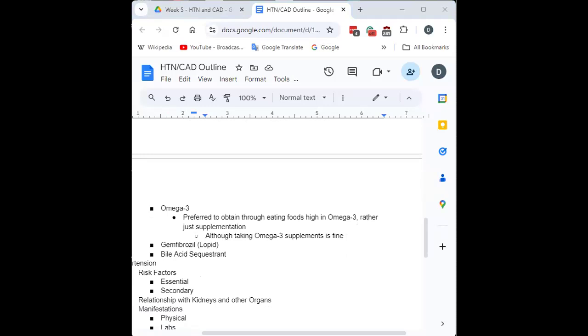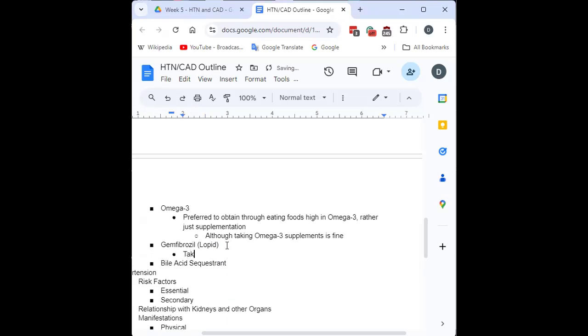Then gemfibrozil. The main thing I think about with this one is that it can cause some gallstones. You can take it with food. Some of these have similar things, so take with food on some of these to decrease GI symptoms.